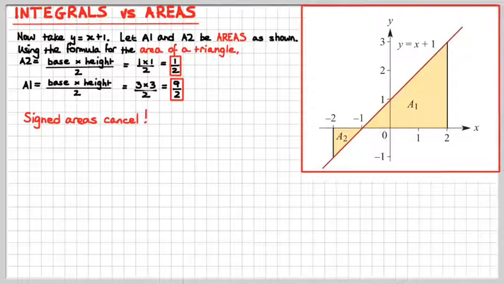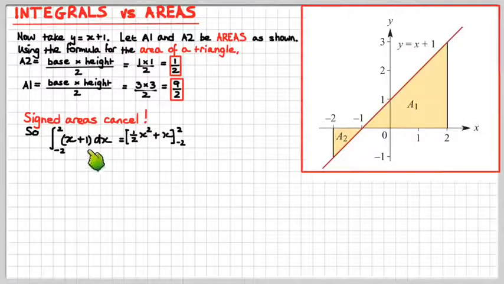Signed areas cancel, okay? So if I was to work out the integral of the function x plus 1 with respect to x from minus 2 to 2, in other words, spanning from here all the way over to there in one fell swoop, guys, what will happen is this negative part, that'll be a negative integral, and it'll be negative a half.